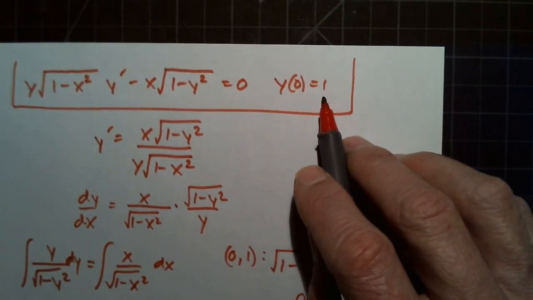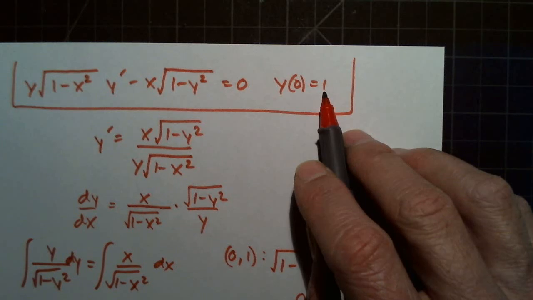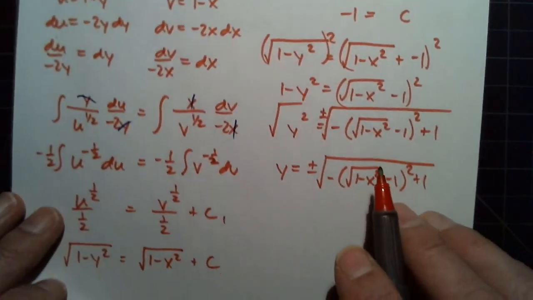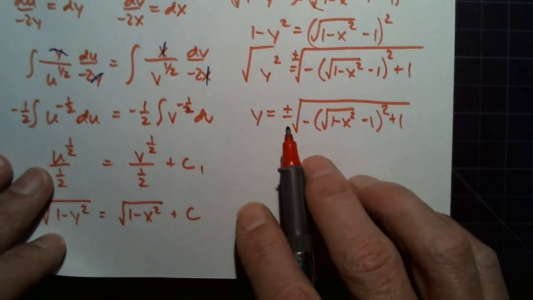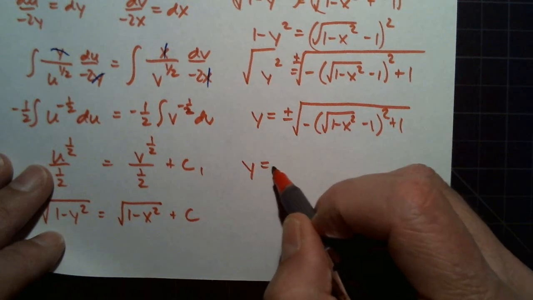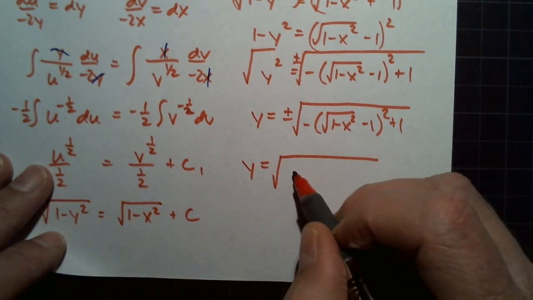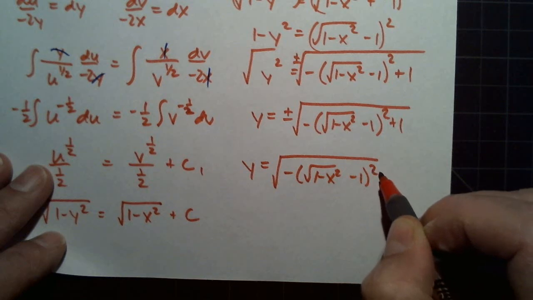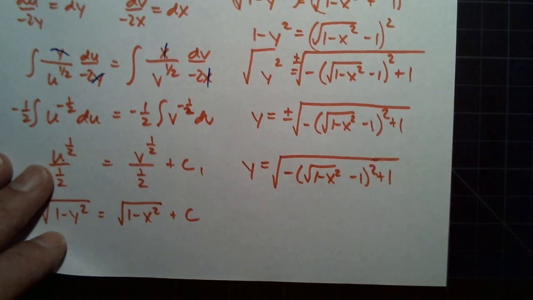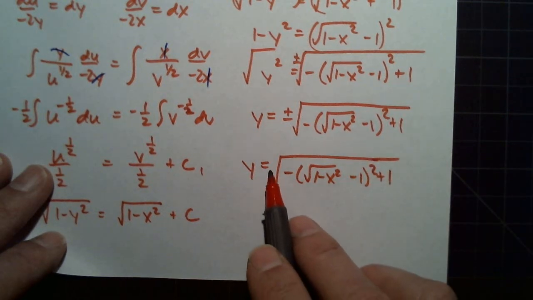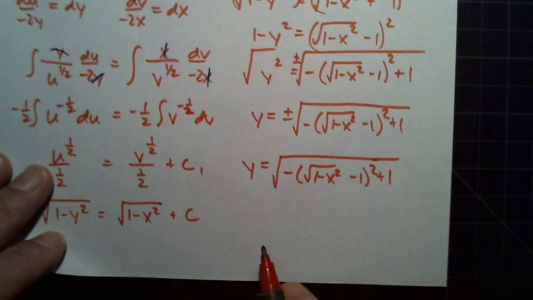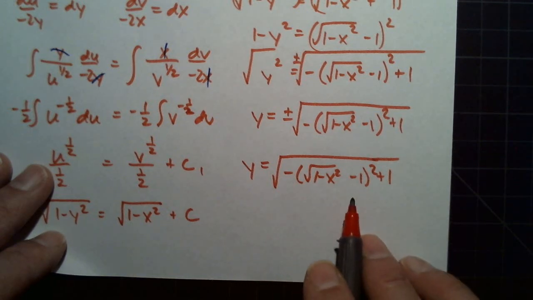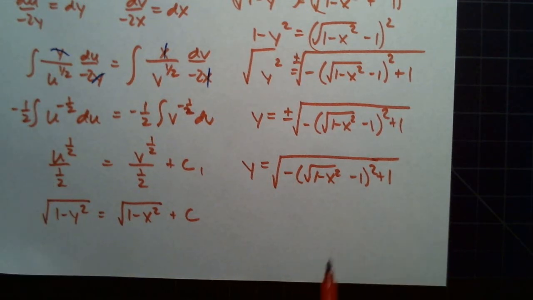I couldn't say the y value is negative. If I have a positive y value, then we can't say it's negative. So we know to use the positive option down here, and we would write it like that without the negative. It's positive. All right. And we'll stop there.